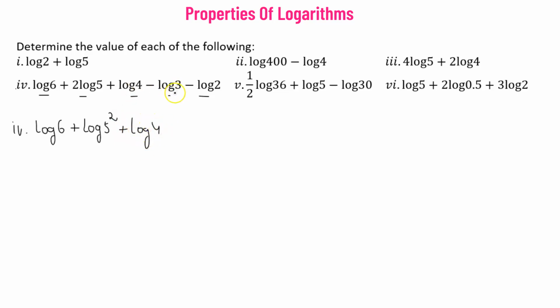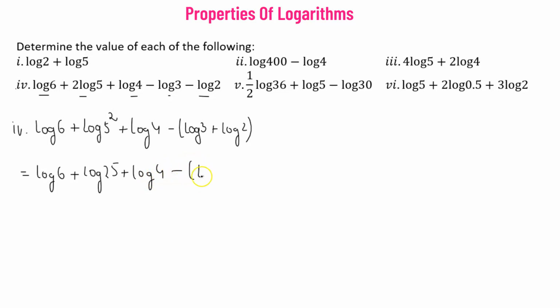From the fourth and the fifth terms, we're going to take -1 as the common factor, so that will be log of 3 plus log of 2. So this will be log of 6 plus log of 5 squared, so 5 squared is 25, plus log of 4, minus log of 3 plus log of 2.